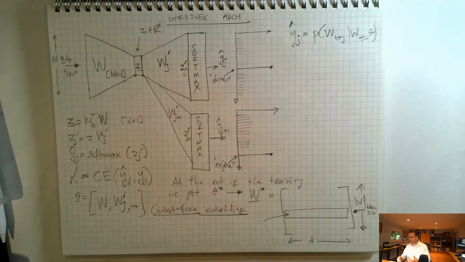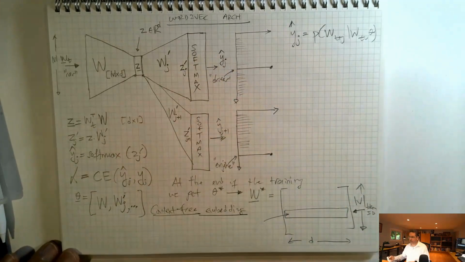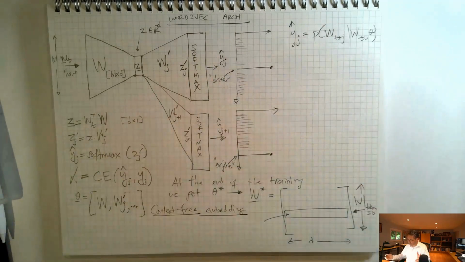And you can actually wonder why on earth this is context free, since in the network we have the context all over us. And the reason why it is called context free is not that we are not using the contextual words to predict, with a good probability, the words which are surrounding the word of interest.